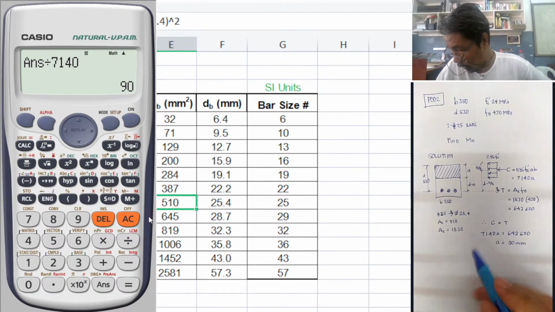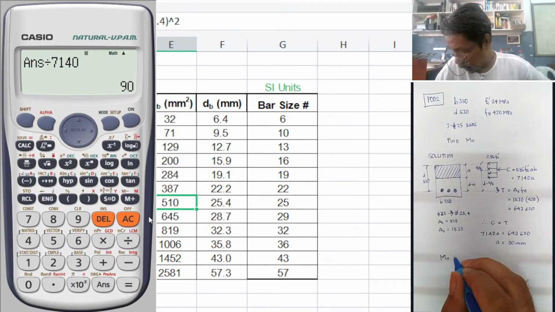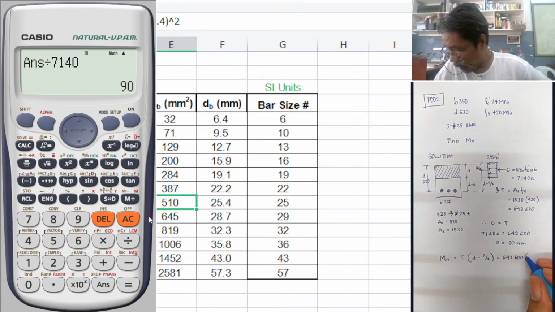Therefore, we can now proceed to solve the moment nominal, which is T times the moment arm, which is D minus A over 2. Therefore, we can write down what is D, that is 530 minus 90 over 2.